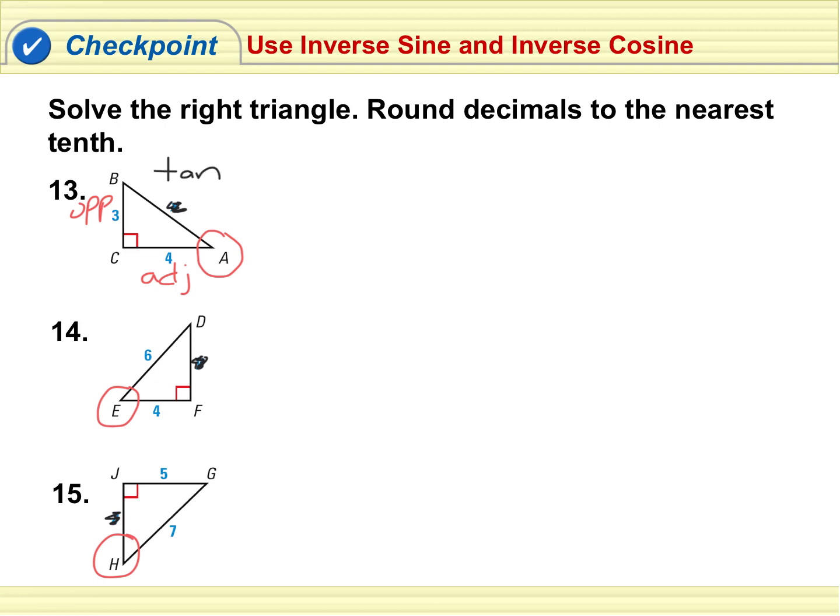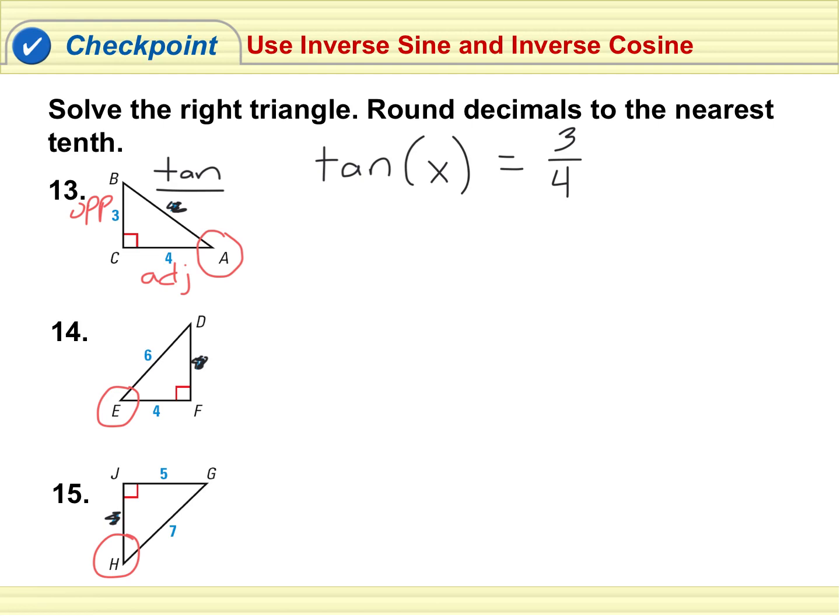Now we have to write our equation. How do we write the equation? What always goes first? Trig goes first, right? So tangent, what always goes with the trig? X. The angle, which we don't know, is x, equals, on the other side goes your ratio, opposite over adjacent, which is 3 over 4.